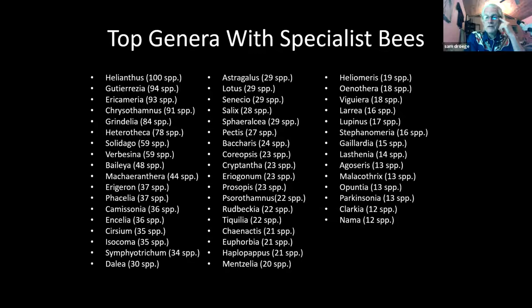And the notion here is these are groups of plants that have co-evolved with groups of bees in a very tight relationship, so that there are bee species, the numbers are there as far as we know. And so this is probably a minimalist estimate of species relationships.